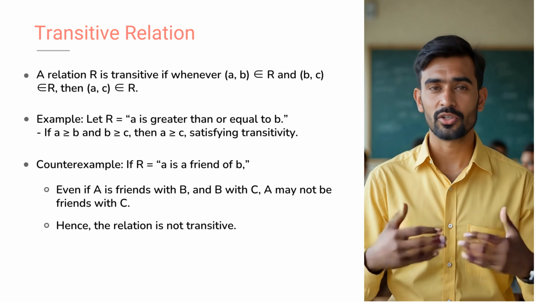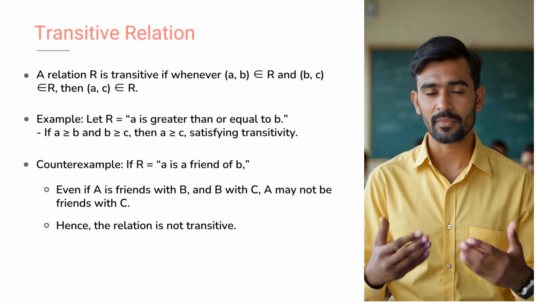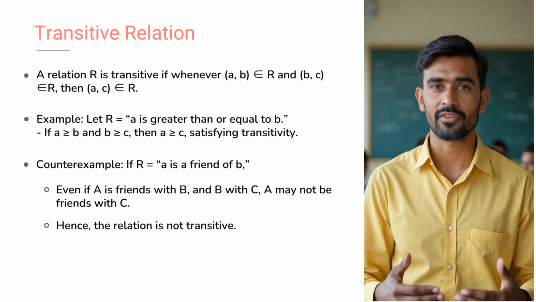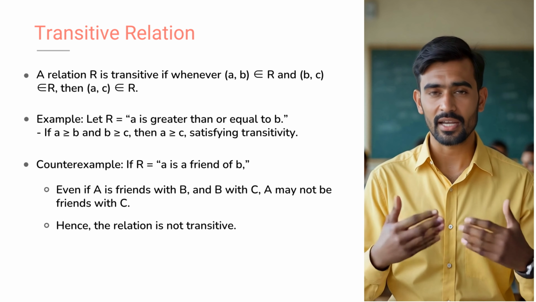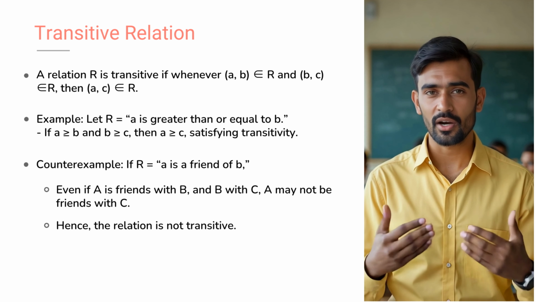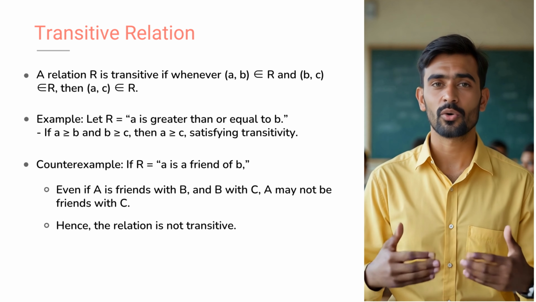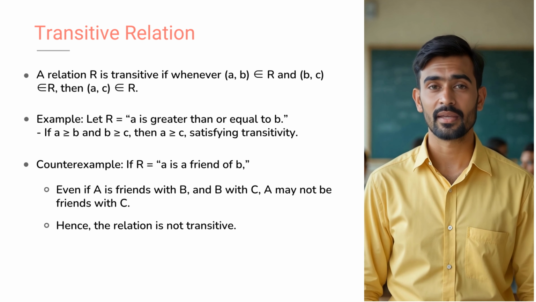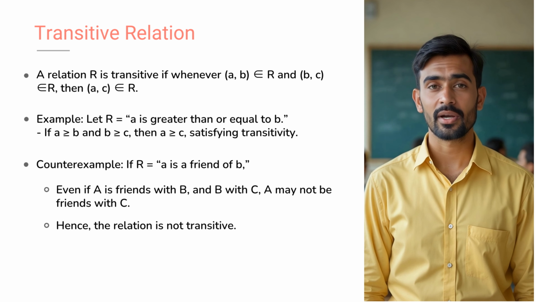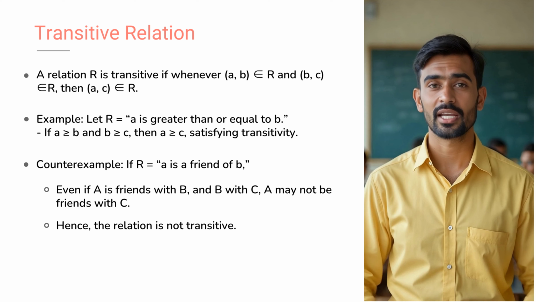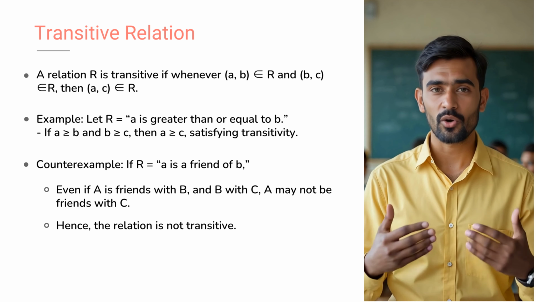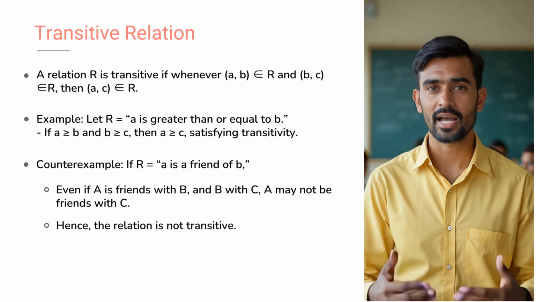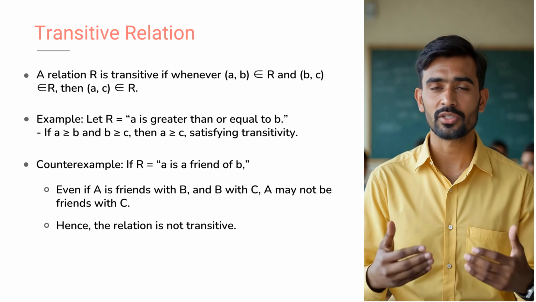Let's talk about the transitive relation. A relation R is called transitive if, whenever (a, b) and (b, c) are in R, then (a, c) must also be in R. Let's see this in action with a simple example. Suppose R is the relation "a is greater than or equal to b." If a is greater than or equal to b, and b is greater than or equal to c, then we know that a is greater than or equal to c.